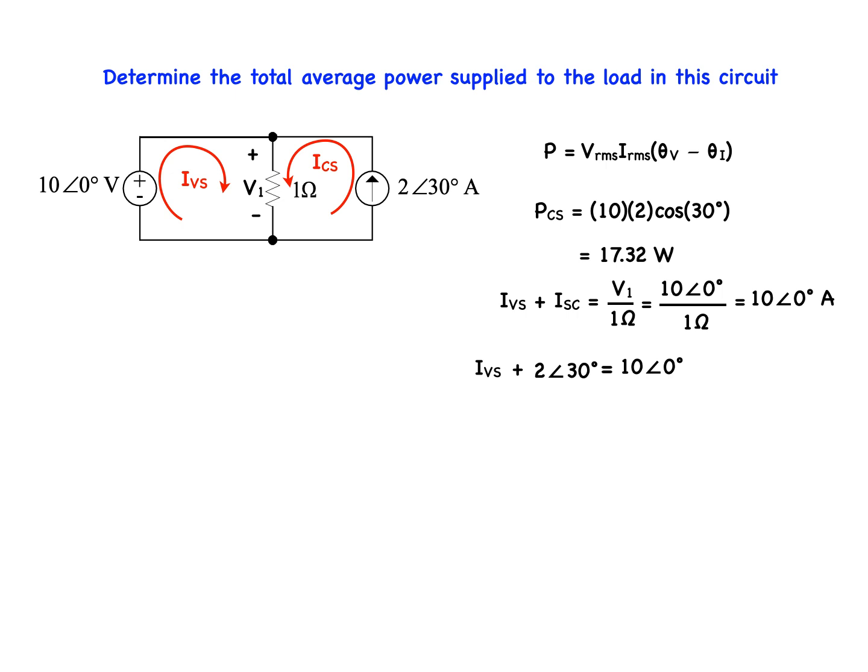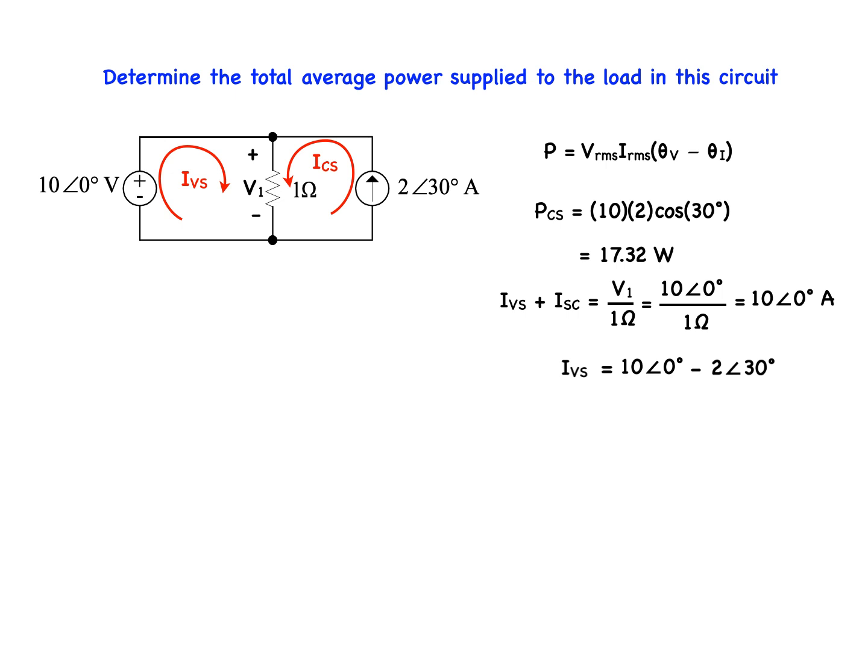Moving our known value to the right-hand side of the equation and keeping our one unknown quantity on the left, the current due to the voltage source, IVS, is equal to 10 at 0 degrees minus 2 at 30 degrees.